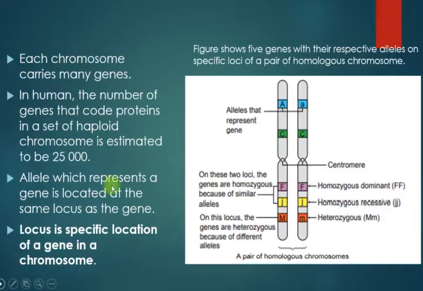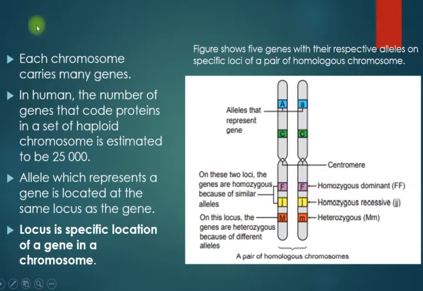Let's take a look at the diagram here. The figure shows 5 genes with their respective alleles on specific loci of a pair of homologous chromosomes.